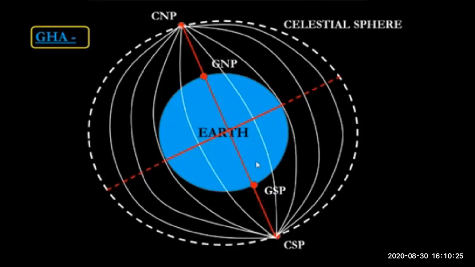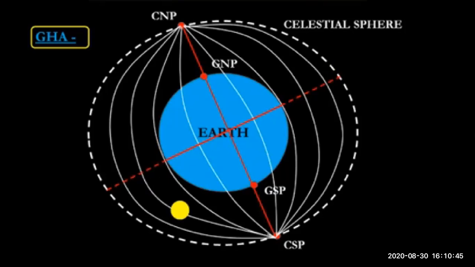So now let's bring a celestial body on one celestial meridian. So this is the sun on one of the celestial meridians. So now we will define the GHA of the sun. So this celestial meridian is cutting the equinoctial at 90 degrees.